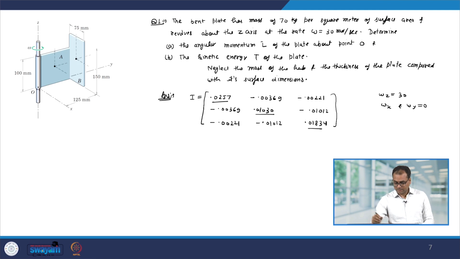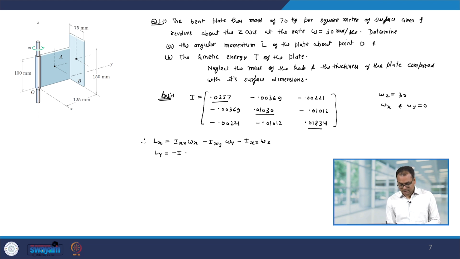So, let me just write it down. The angular momentum about the x axis is Ixx omega x minus Ixy omega y minus Ixz omega z.